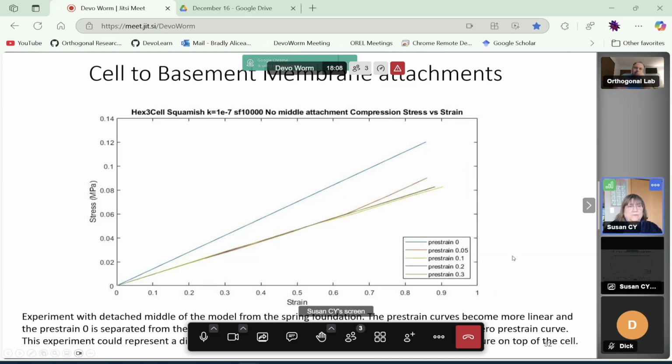So this is perhaps a disease state when you have the middle completely vanished. And I guess detaching a spring foundation is more important than changing its spring constant.